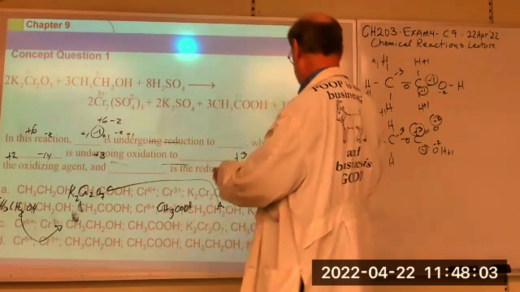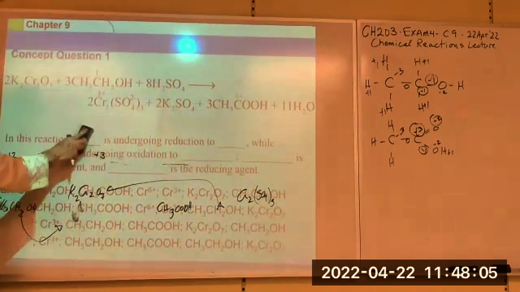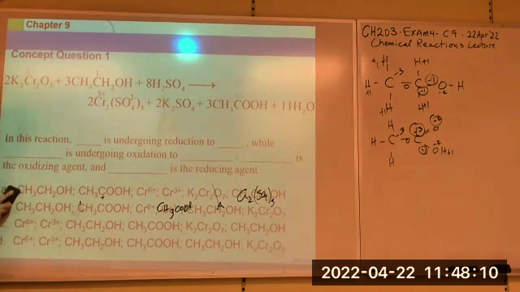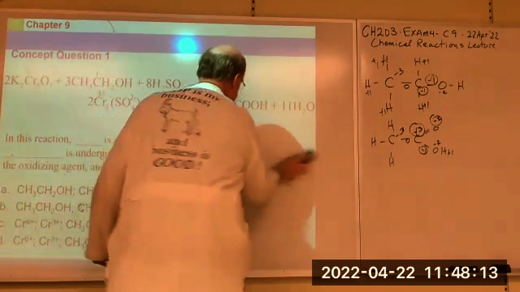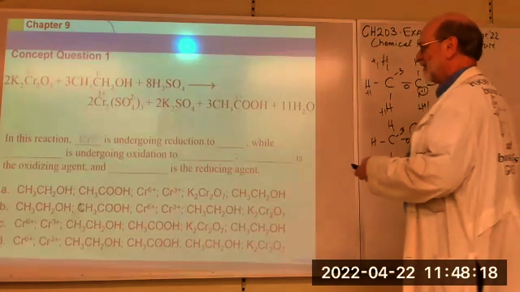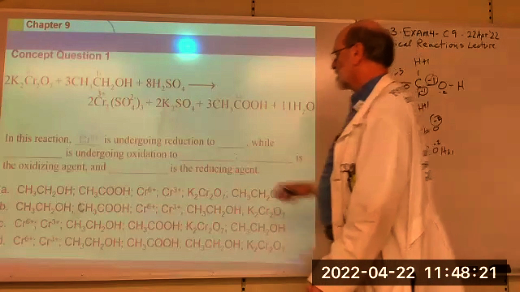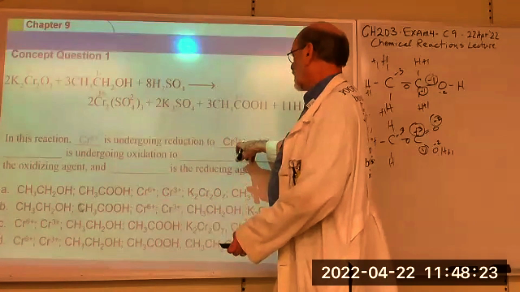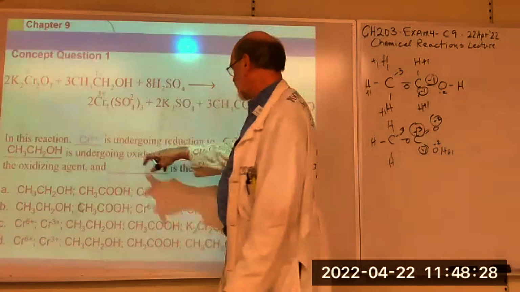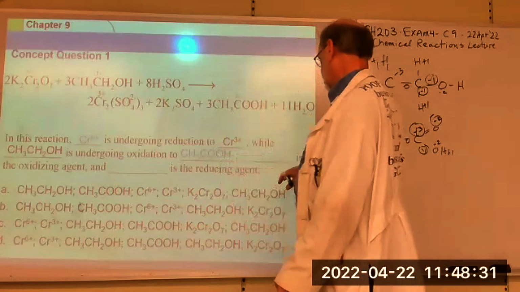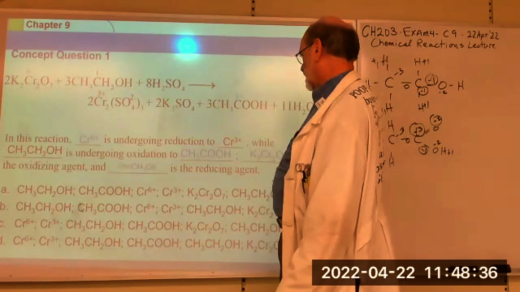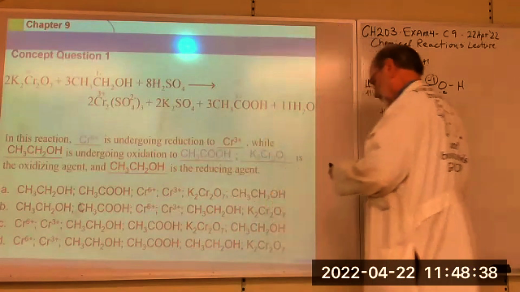Oh, it's drawing them in for us. So let me get the clutter off of here and see if I did it the way it's showing up here. So chromium 6+, okay. Chromium 3+, that's right. This one is undergoing oxidation to that one, yes. This is the oxidizing agent, yep. And that's the reducing agent, okay.